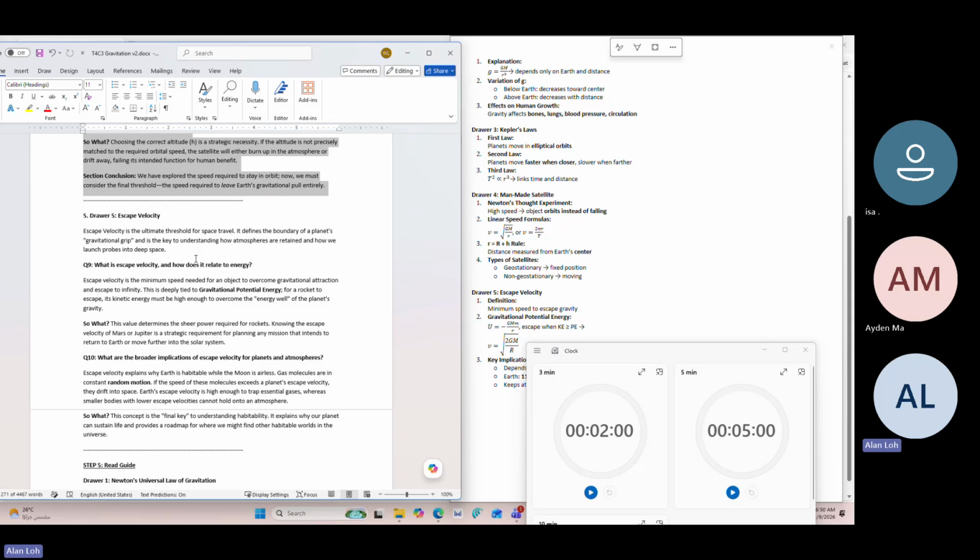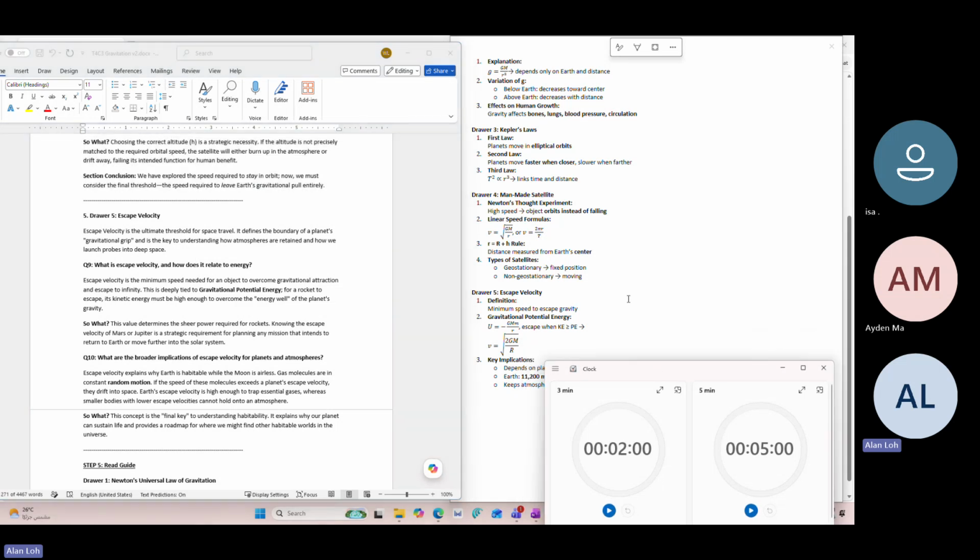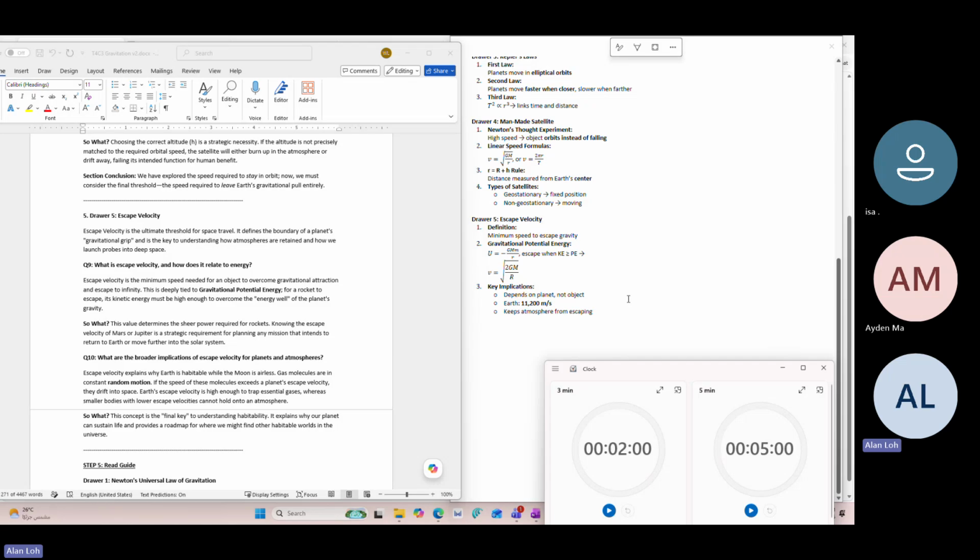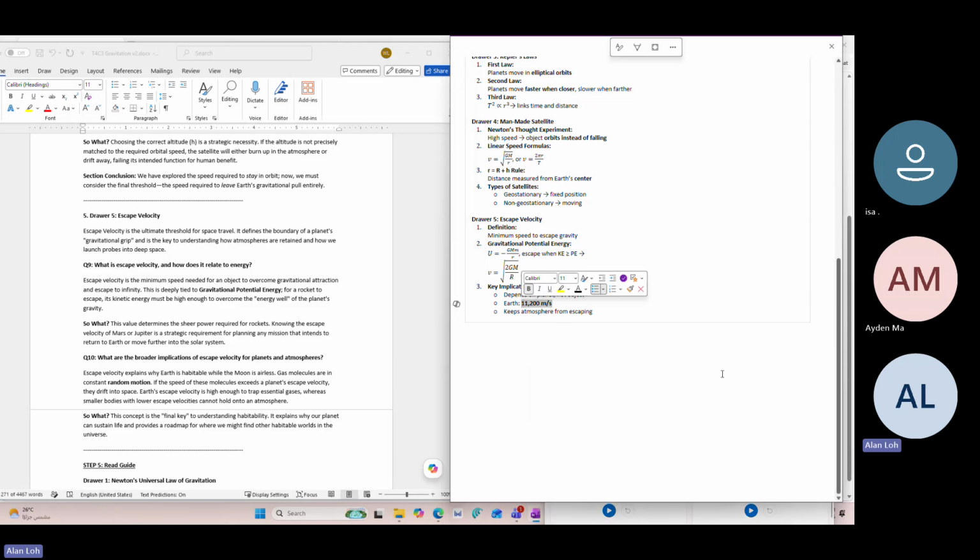So what is the minimum velocity that is needed for you to go out of the Earth and never come back again? Sounds scary, but it's very difficult for you to go out of the Earth, because the speed that is needed here is 11,000 meters per second.